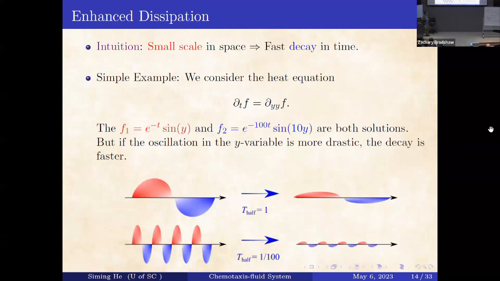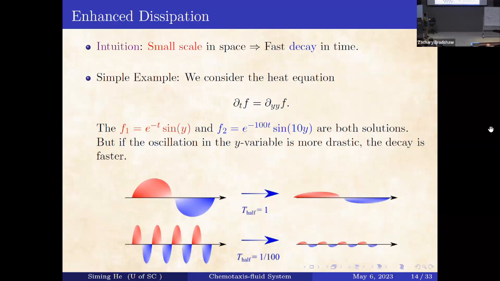Okay, good. So to understand the idea behind that and find the connection between mixing and enhanced dissipation, we just look at the following intuition. Small scale creates fast decay. You just take a look at the heat equation, and you do the undergraduate ODE, PDE class separation of variables. You can see that the heat equation has two solutions.